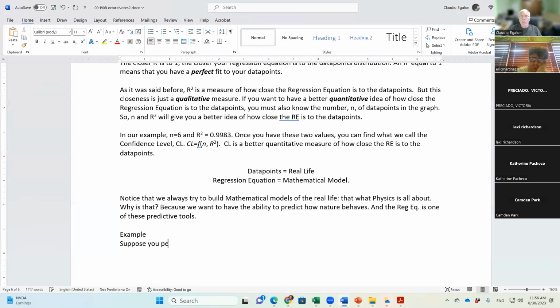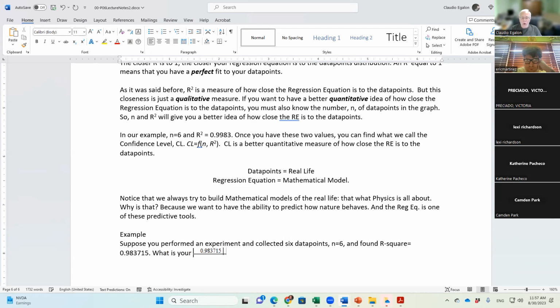Suppose you performed an experiment and collected 6 data points, n equal to 6, and found an R square value, R square equal to 0.983715.